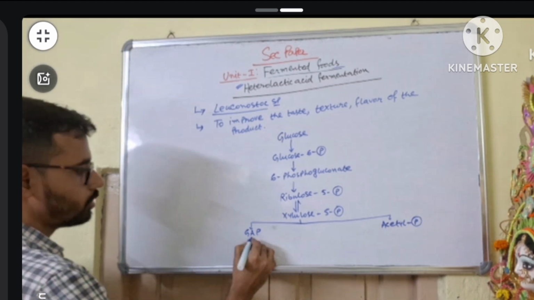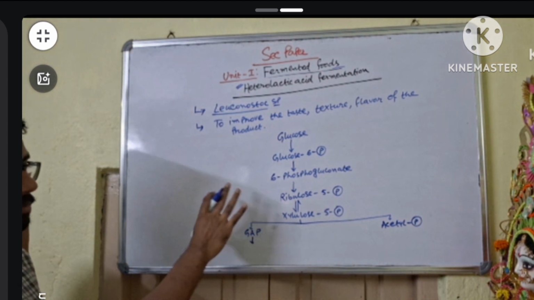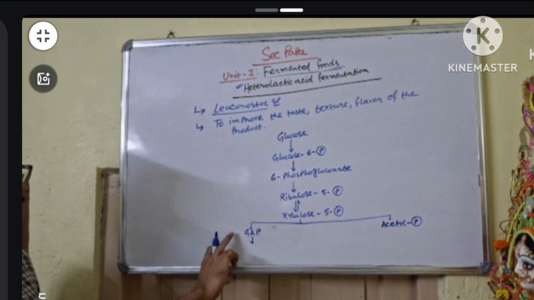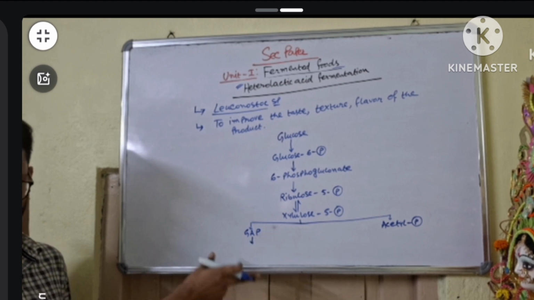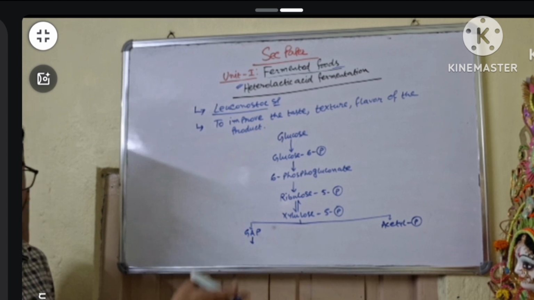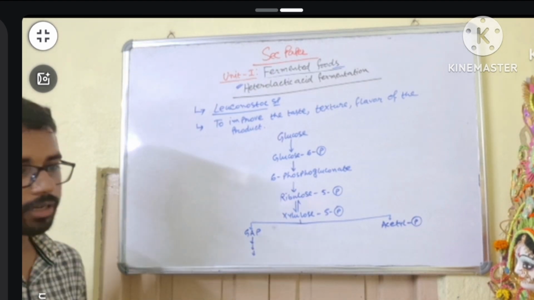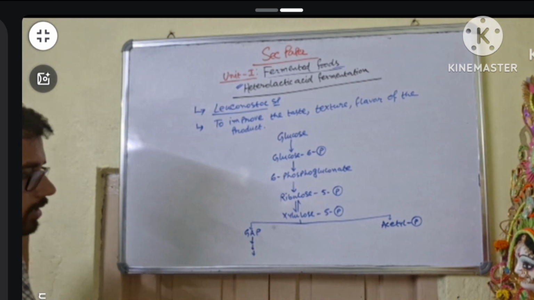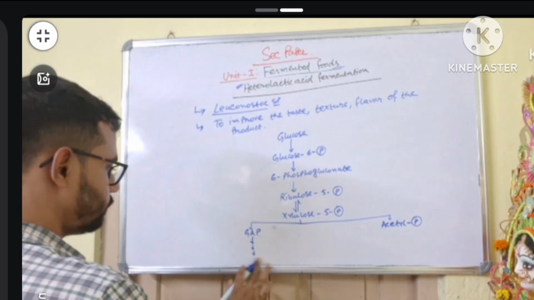GAP then converts through the next half of glycolysis, the payoff phase, and the reaction cycle is the same. GAP converts into 1,3-BPG, then 3-PG, then 2-PG, phosphoenolpyruvate, then pyruvate. So GAP is converted by the same reactions that occur in the payoff phase of glycolysis and enters pyruvate.